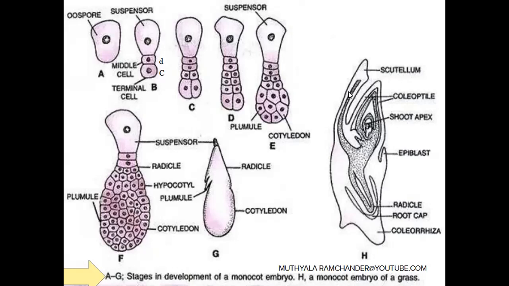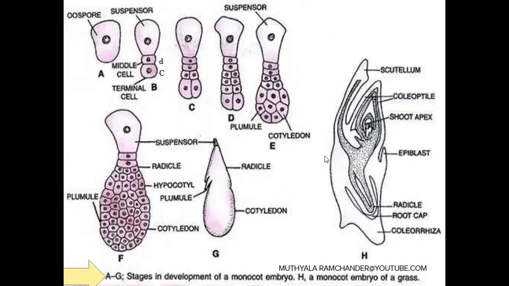That single cotyledon is also called the scutellum. See, the reduced cotyledon is called the epiblast. These parts belong to the epicotyl. Epicotyl means the upper portion of the monocot embryo.